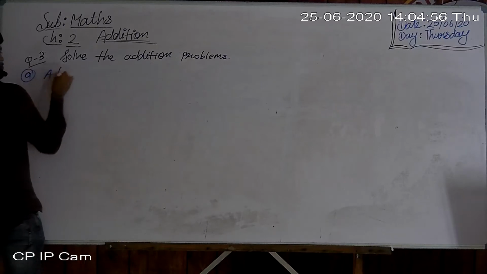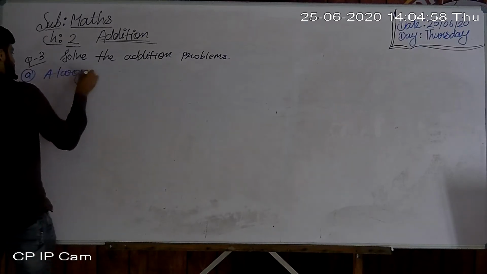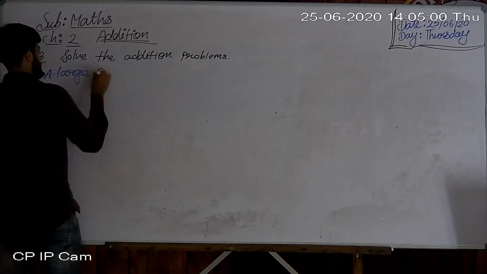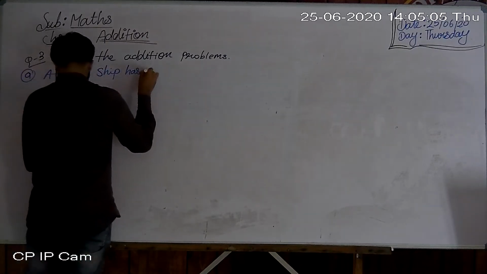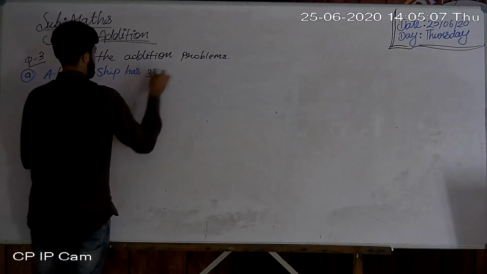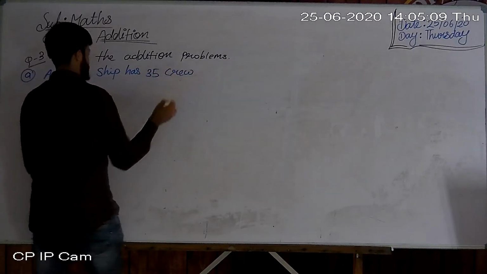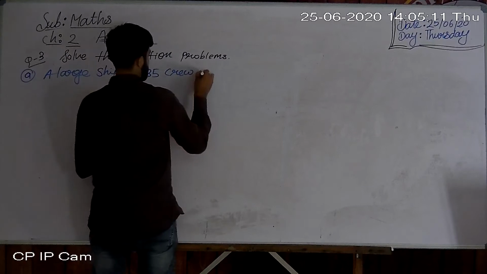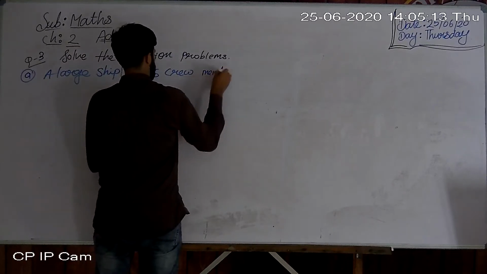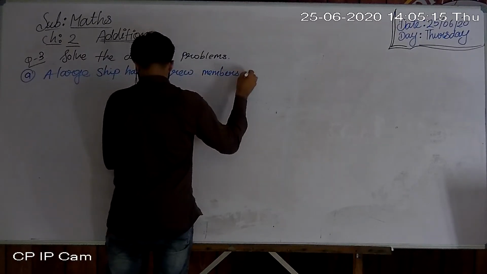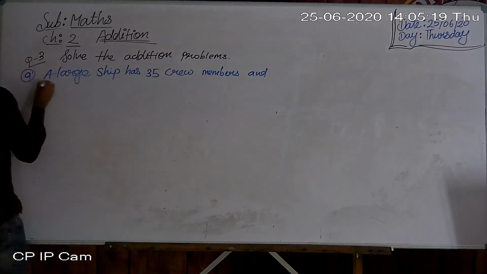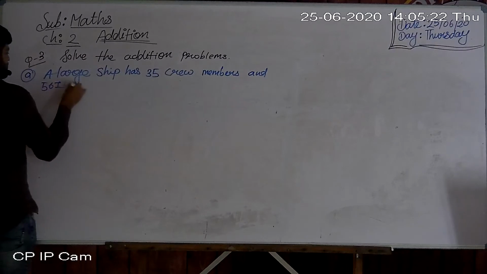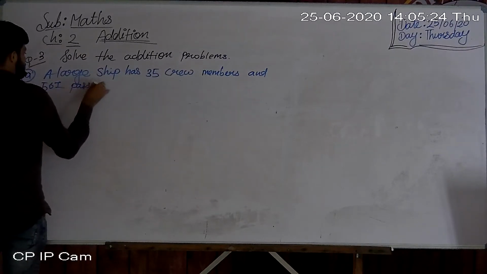A large ship has 35 crew members and 561 passengers.